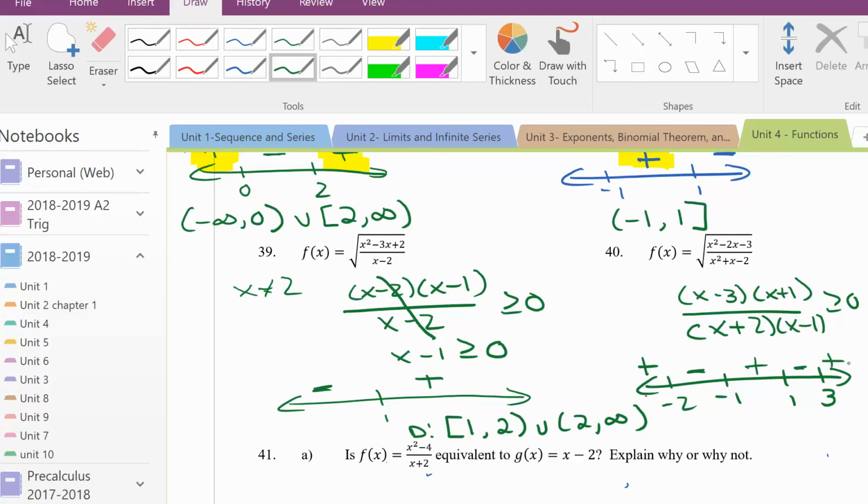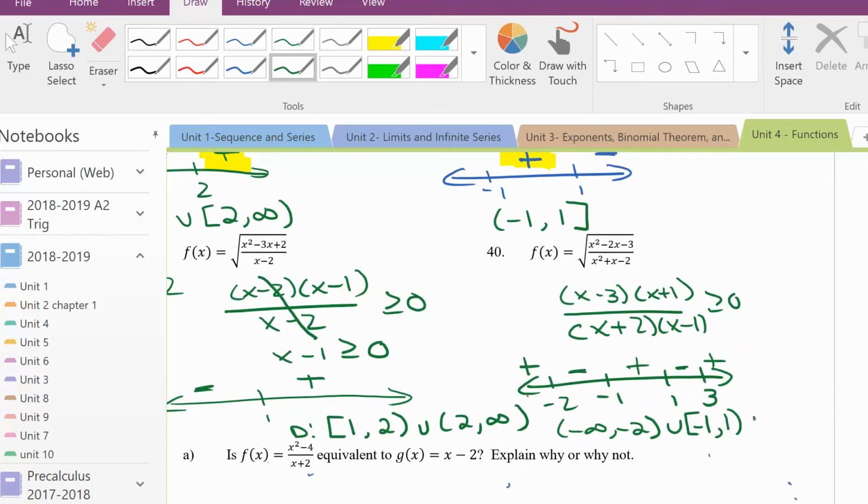So your intervals here are -infinity to -2, not including -2 because that's the denominator, union -1 to 1, union 3 to infinity. So there's your domain.